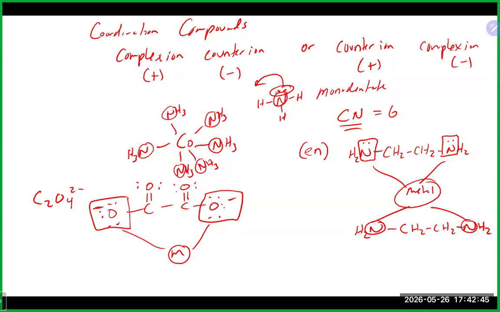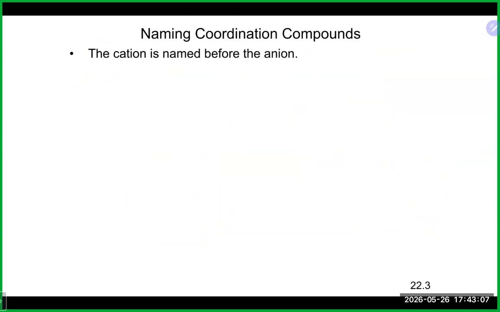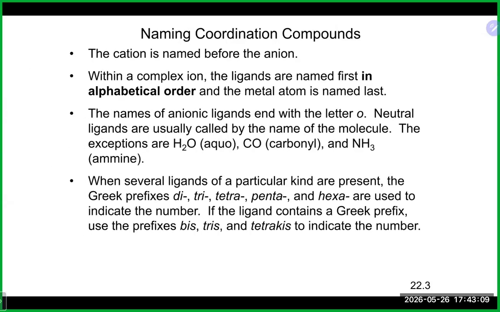Typically, when we write coordination compounds, the complex ion is often put in brackets. And you could have your counter ion either at the beginning or at the end, depending on whether your complex ion is positive or negative. When we got into naming, there's a bunch of rules, and we went over them at the end, but we'll browse through them one more time.